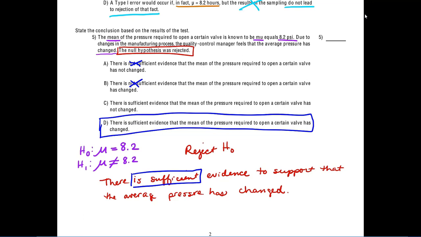Obviously, when you're on my stat lab, you're choosing the correct answer, but you have to make sure that you know how to write the correct answer. If you reject the null hypothesis, you say there is sufficient evidence to support, and then it's whatever the alternative is. If you do not reject or you fail to reject, then you say there is not sufficient evidence to support whatever the alternative is. You always are supporting or not supporting your alternative.